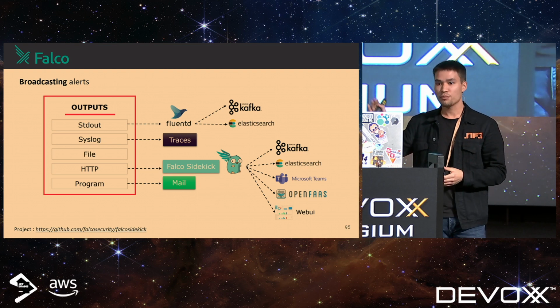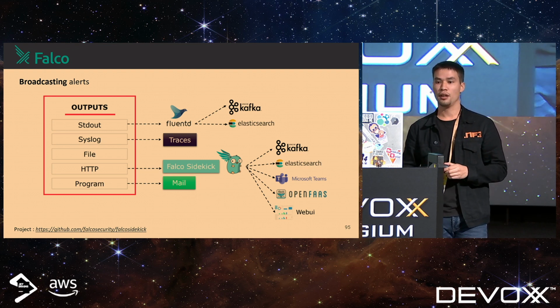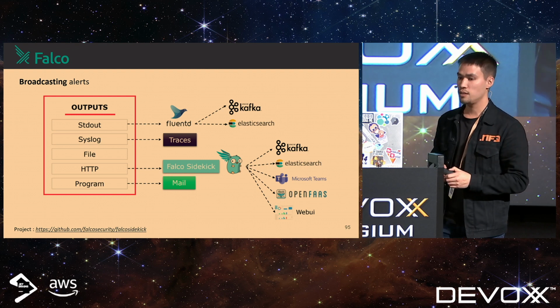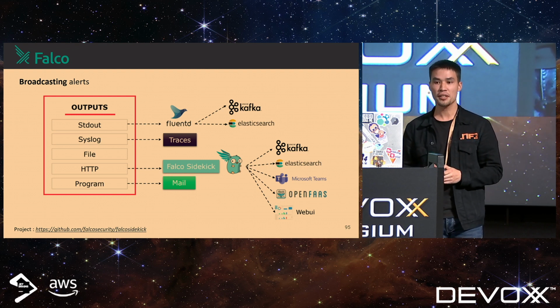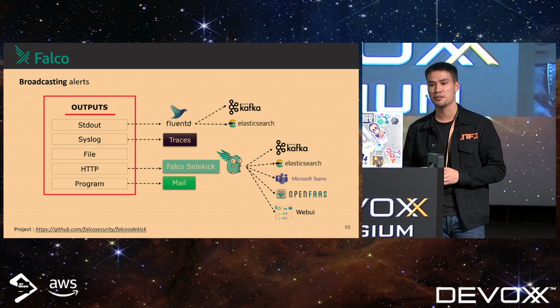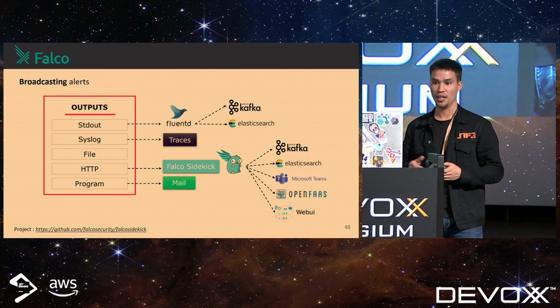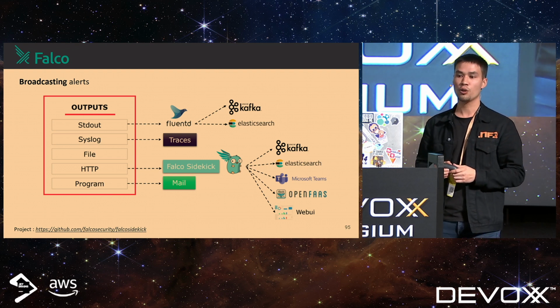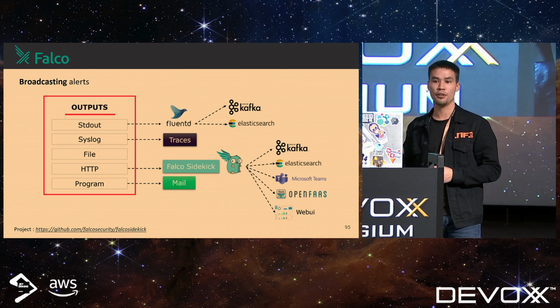You can also do something a little bit different with a project called Falco Sidekick. This Falco Sidekick is actually an aggregator. It's a kind of generic connector that allows you to connect the Falco alerts to many, many different channels.